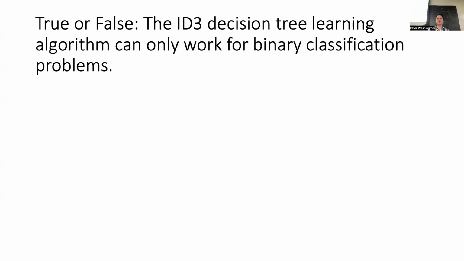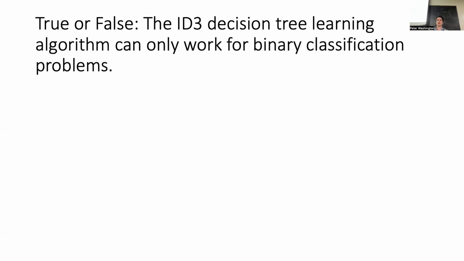Okay, true or false, the ID3 decision tree learning algorithm can only work for binary classification problems. That's the decision tree learning algorithm that you use in your homework and then we went over in class with the example and we labeled it ID3 there. So who thinks true?